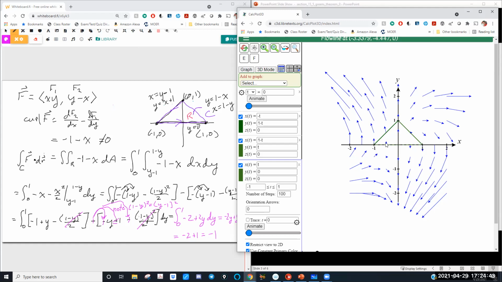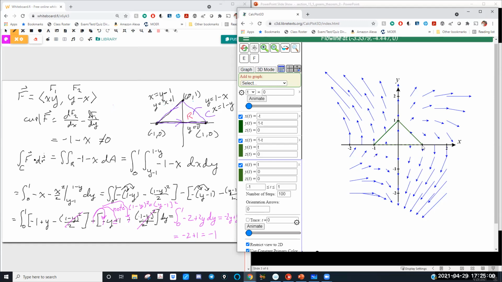Well, if the vector field's perpendicular, then our line integral is 0. Remember, if it's in the direction of our path of motion, it's positive. If it's against, it's negative. If it's perpendicular, it's 0. So you pretty much get a 0 line integral along this path here.